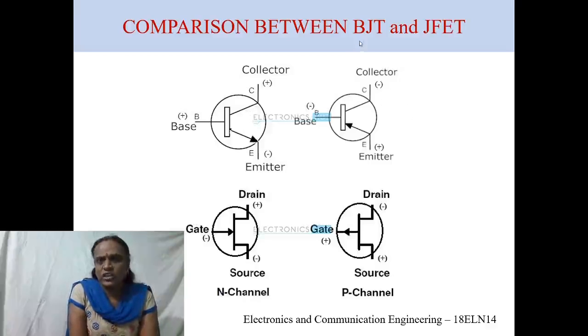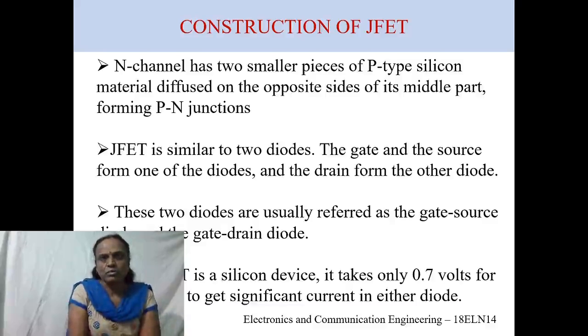Coming to the JFET, these two, N channel and P channel, are symbolized and related to our FET or JFET, the junction field effect transistor. This is just the comparison between the BJT and the FET.